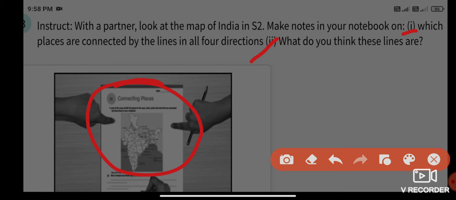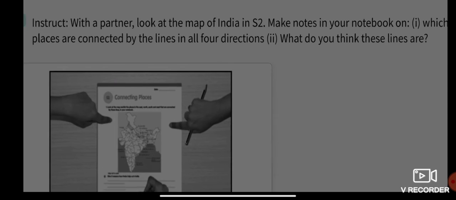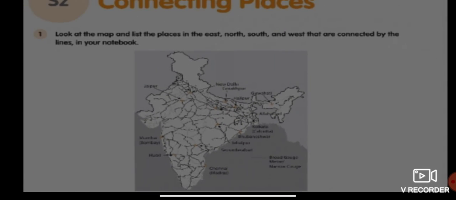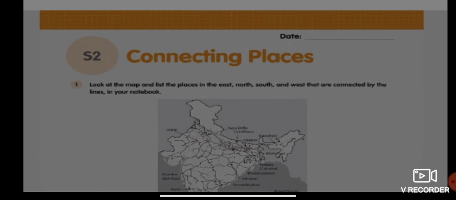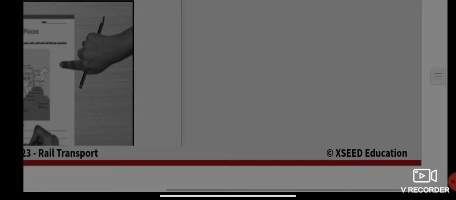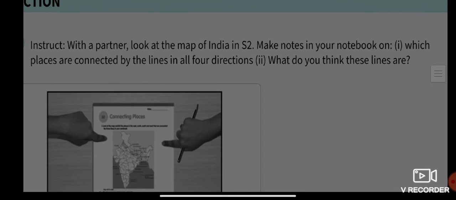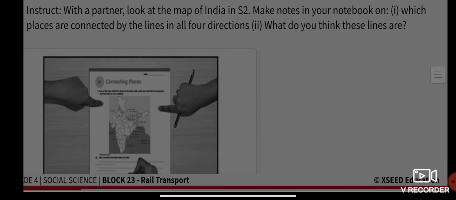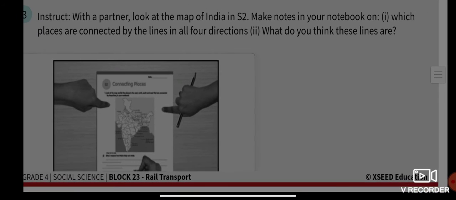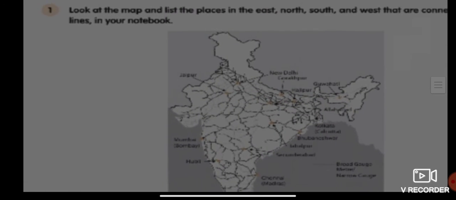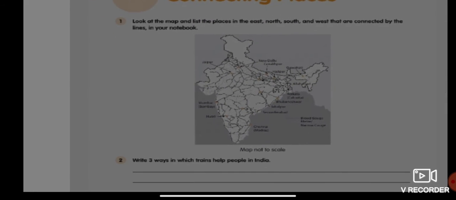Point number two: what do you think these lines are? You have to observe the map in your worksheet S2 and find out the answers to these two questions after observing this particular picture, the map.